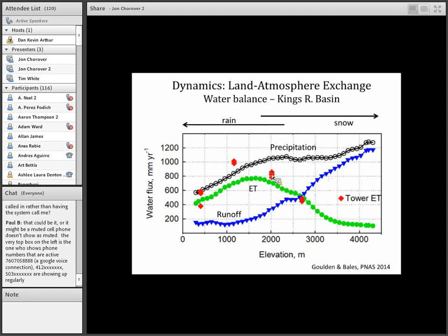Another area where all the CZOs are collecting common measurements pertains to aqueous geochemistry and sediment transport. Again, this is dynamics types of measurements that help us to understand the response of geochemical fluxes and or sediment fluxes to hydrologic events.